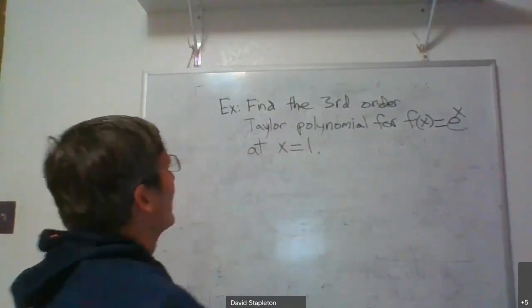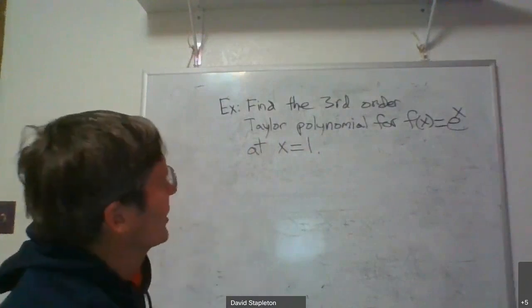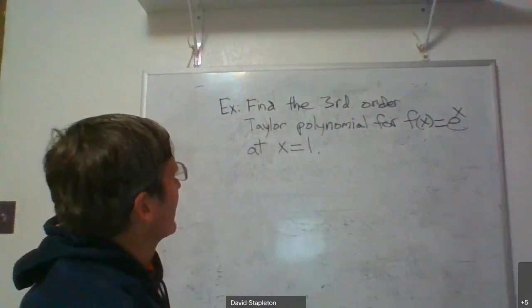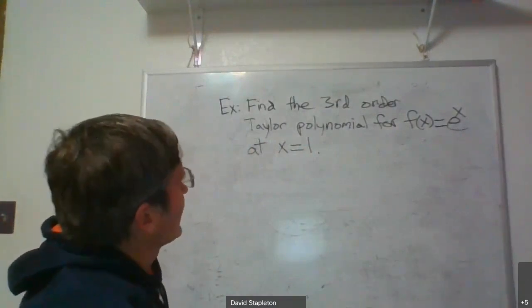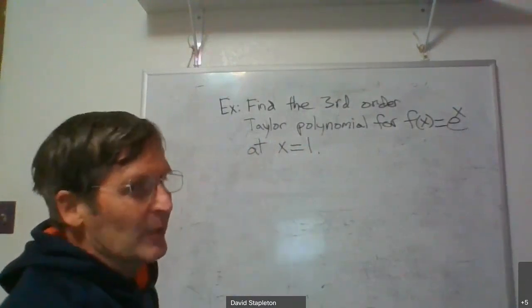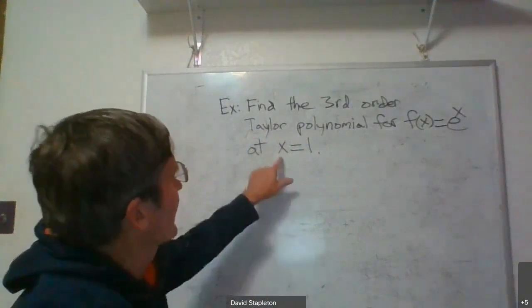How about that? What is a third order Taylor polynomial? It'll almost surely be third degree, third power, at x equals 1. What would approximate e to the x really well when we're close to x equals 1?